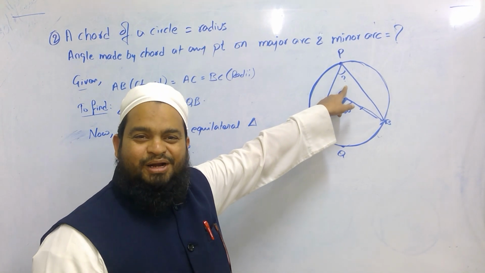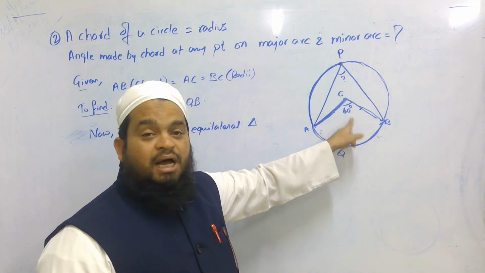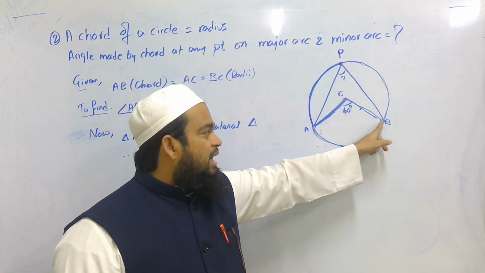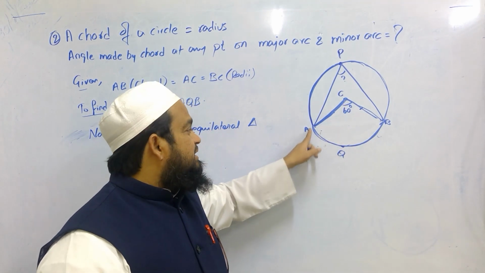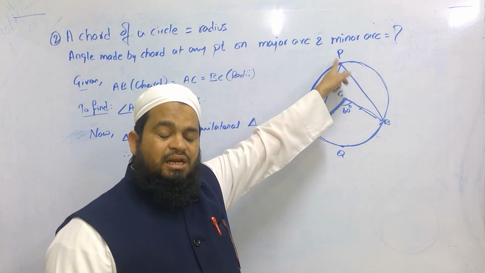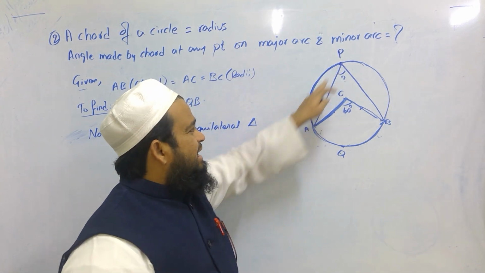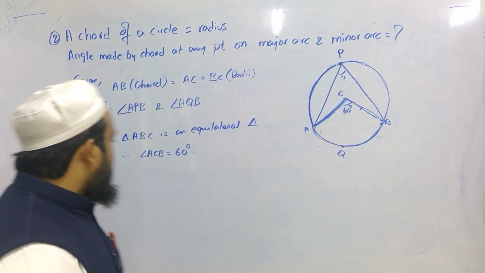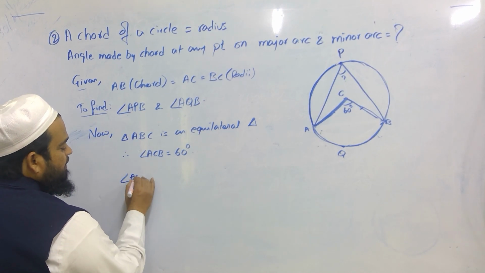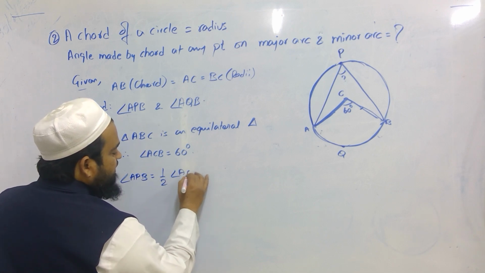What is this angle, my dear students? Angle APB is half of this angle, because the angle subtended by the arc at the center is double the angle subtended at any point on the remaining part of the circle. Therefore angle APB equals half of angle ACB.